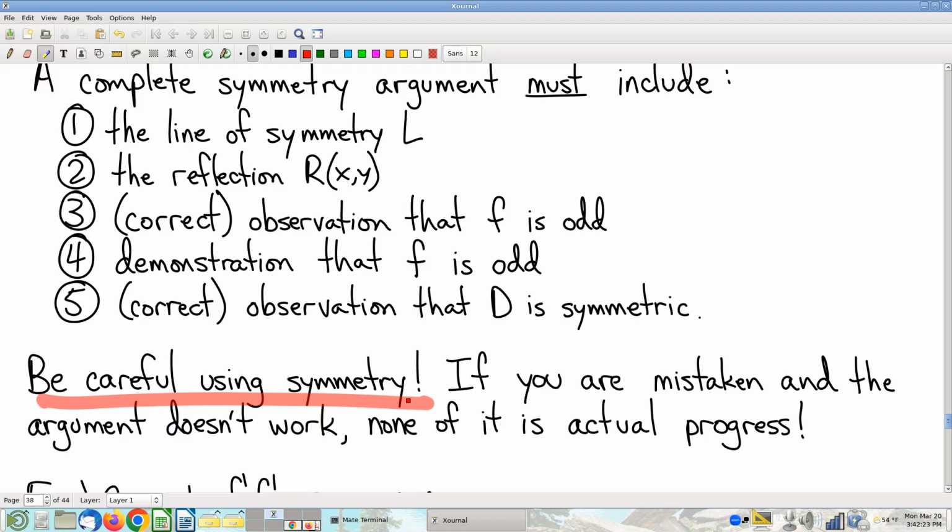But if you miss a minus sign and, based on the slightly sloppy algebra that you did, it looks like the function's odd, you're going to claim a symmetry argument that isn't there. And so let's think about what happens then if you're claiming a symmetry argument, but there is no valid symmetry argument. You've reached a dead end.